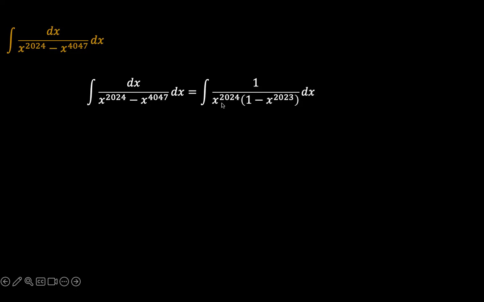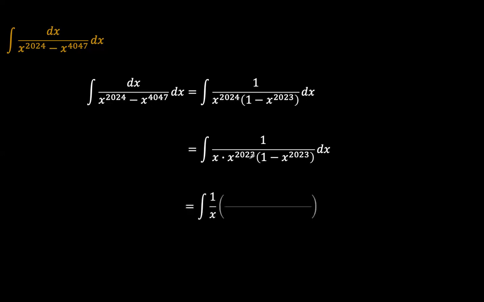So now we have x to the power 2024 times 1 minus x to the power 2023. Then we want to divide this x to the power 2024 into two terms, such that we have 2023 inside the bracket and also outside the bracket.